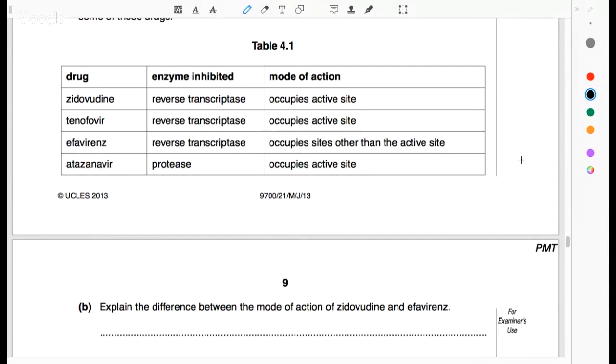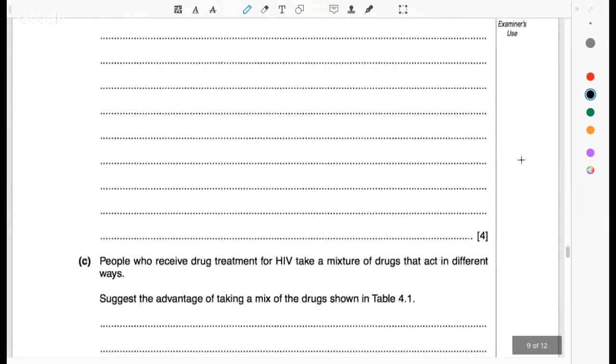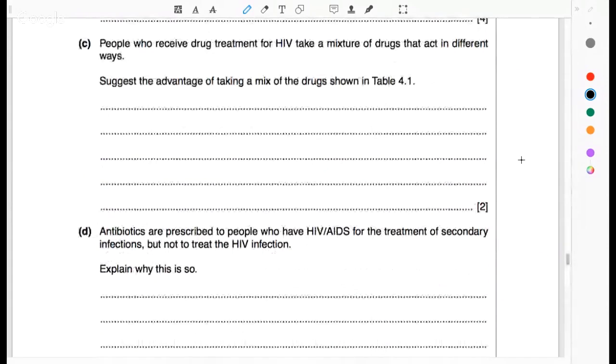But that's fine. You pick up the marks anyways. I think it's just for people who just put the information in. Anyways, people who receive drug treatment for HIV take a mix of drugs, just the advantage.